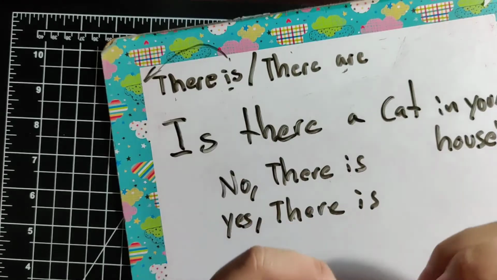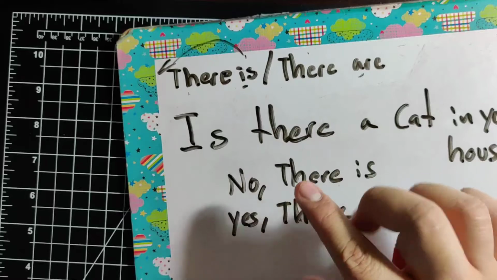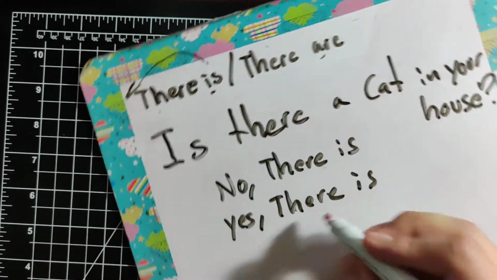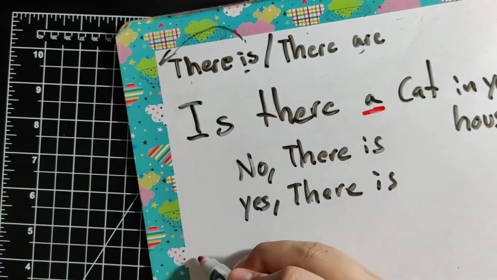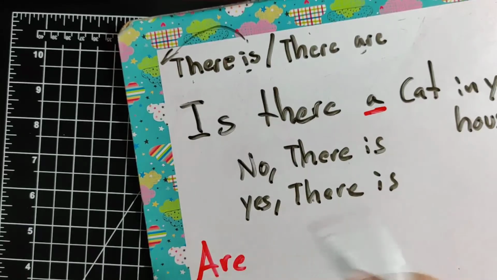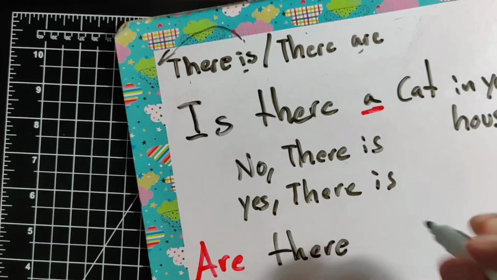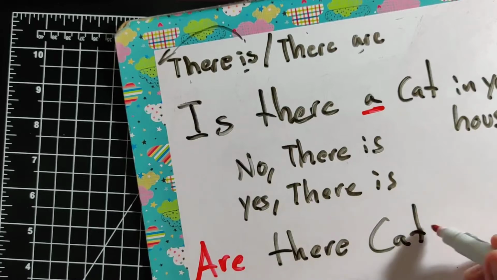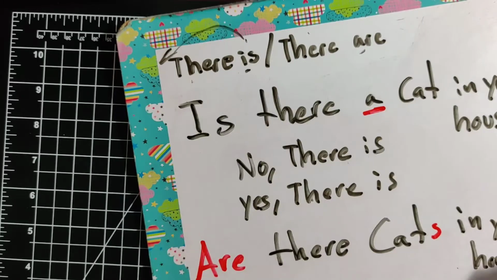Of course, anything that you honestly can think about, don't worry. But it's the same way with are. You'll have to change it. Here we're talking about one cat, right? So here it would be, are there cats in your house?